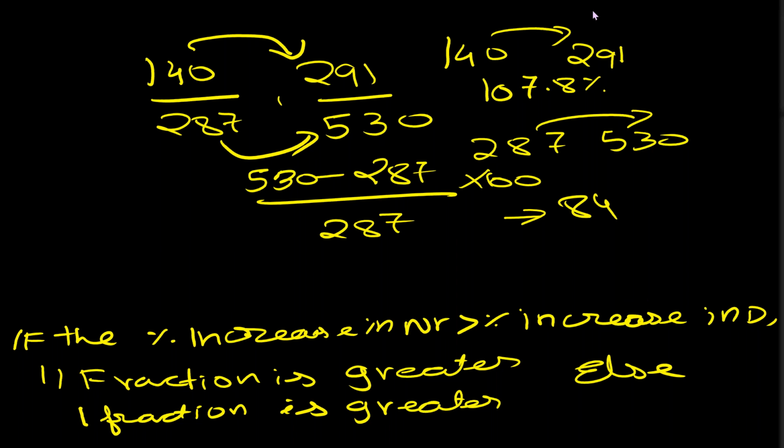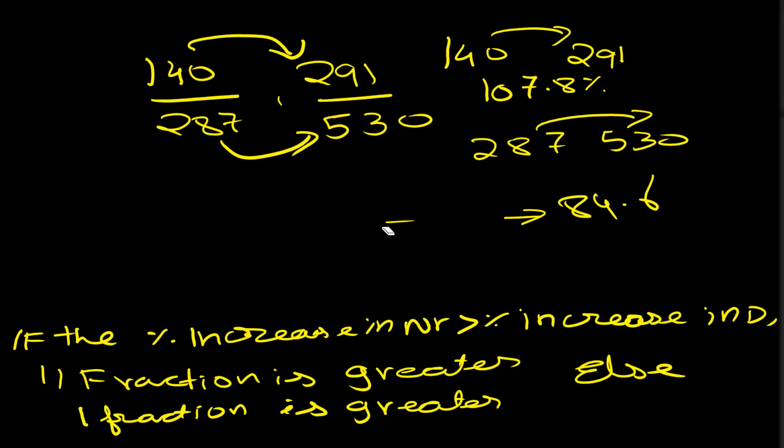Fine. So now see here, I have found both things. The first number, 140 to 291, has increased 107.8 percentage, and 287 has increased to 530. How many percentage? 84.6 percentage.